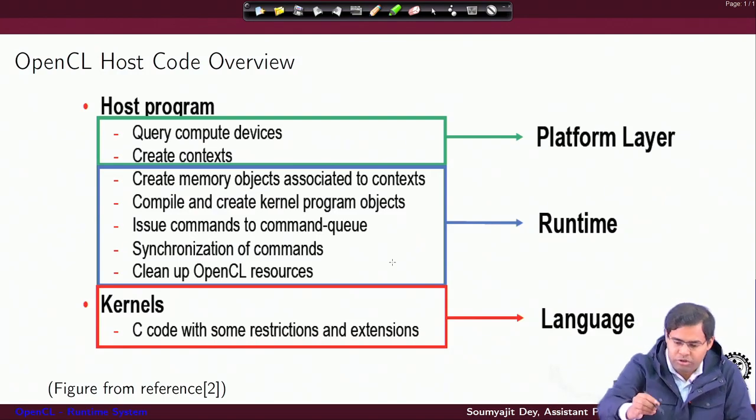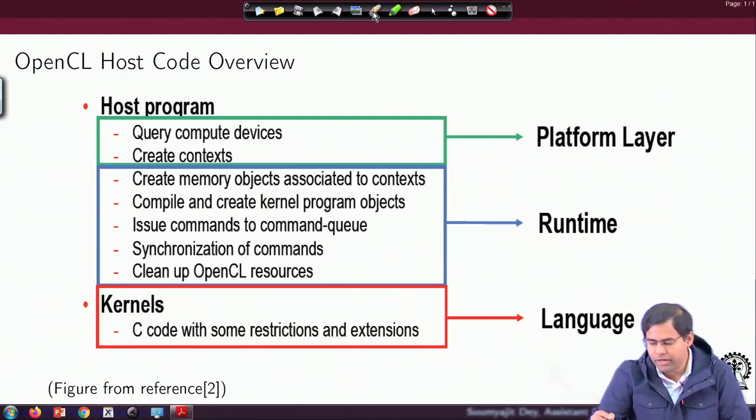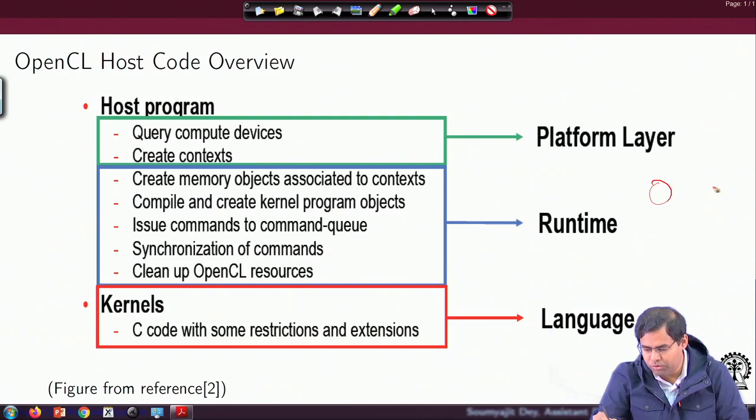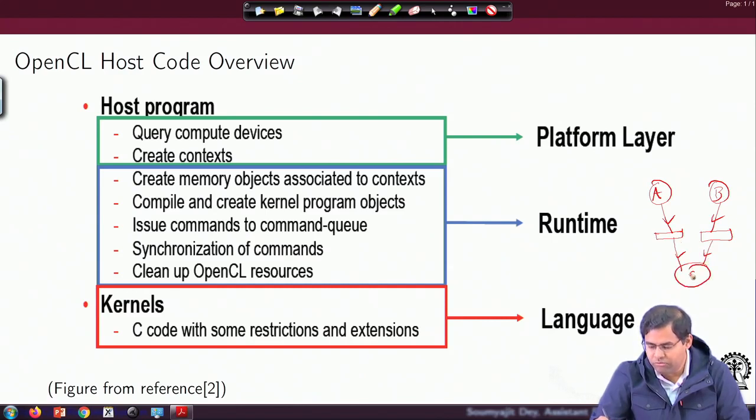So to give you an example, let's say I want to implement the following computation. I have kernel A and kernel B, they are producing data, and that's going to 2 buffers. Once the data is ready, then I want some kernel C to fire and produce the data and move again to a buffer.